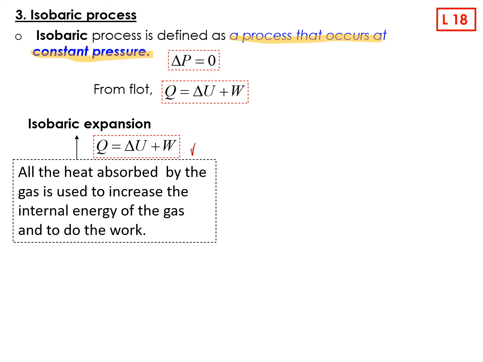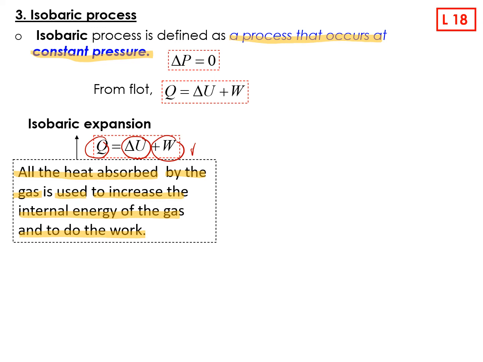All the heat absorbed by the gas is used to increase the internal energy of the gas and to do the work. As you can see from this equation, Q, ΔU, and the work done are all positive.